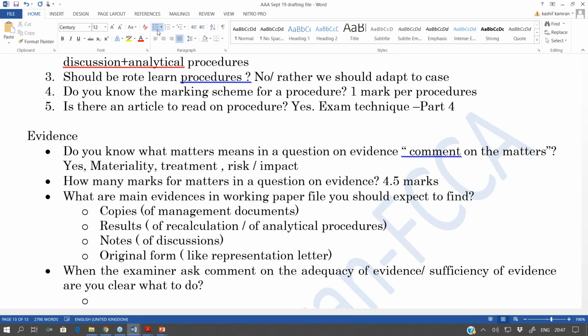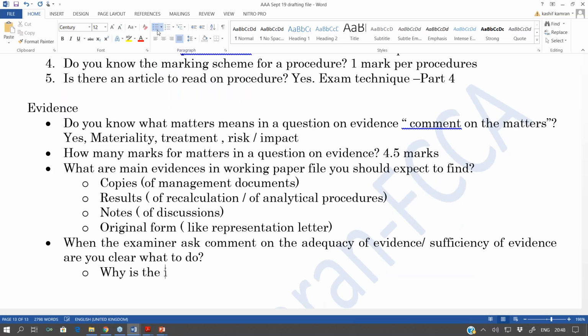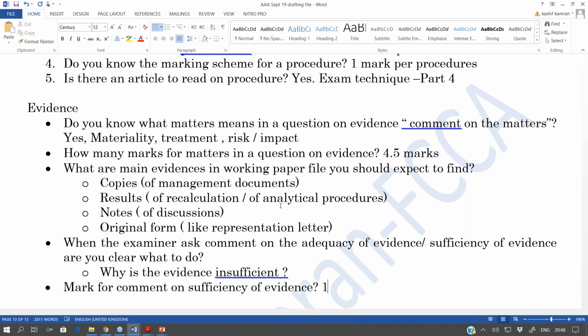Simply say why the evidence is insufficient. Tell the examiner why the evidence is insufficient, to score your marks. Okay, and how many marks will I get for commenting on sufficiency or adequacy of evidence?